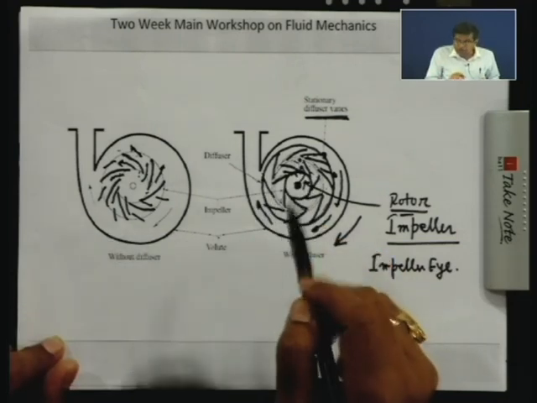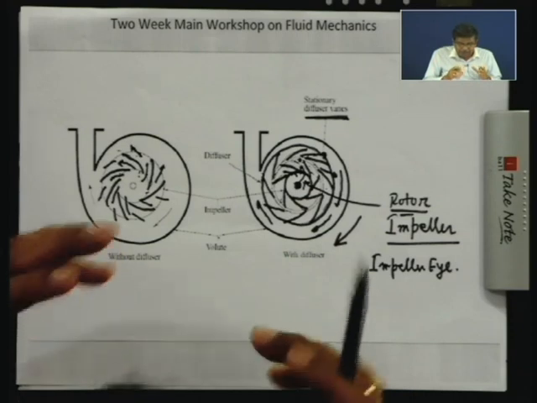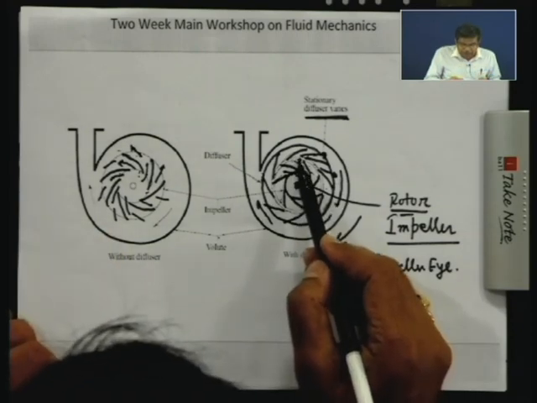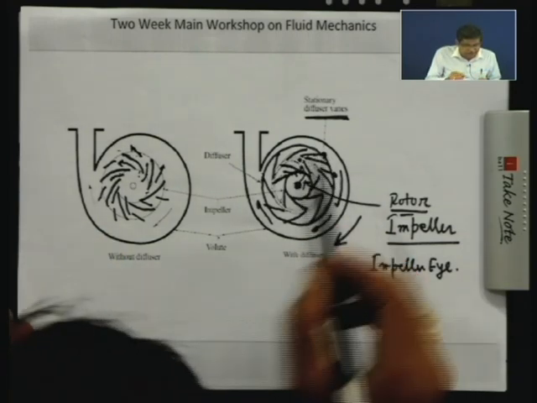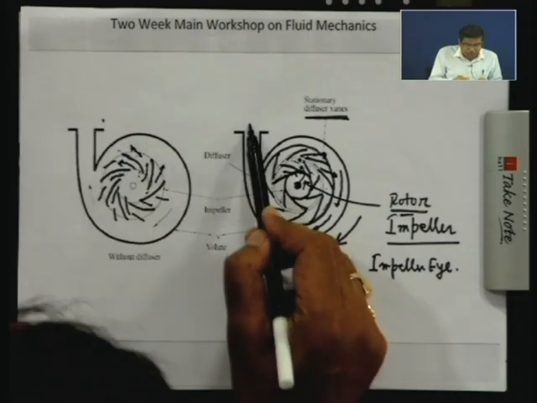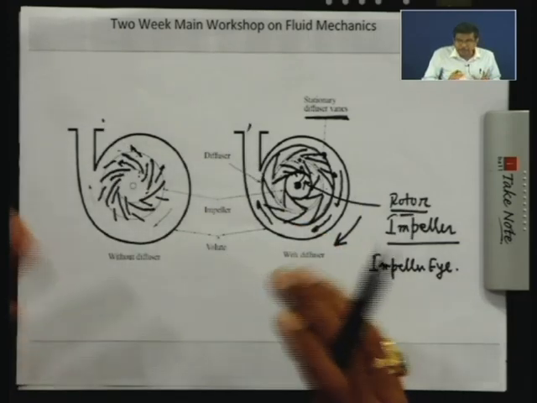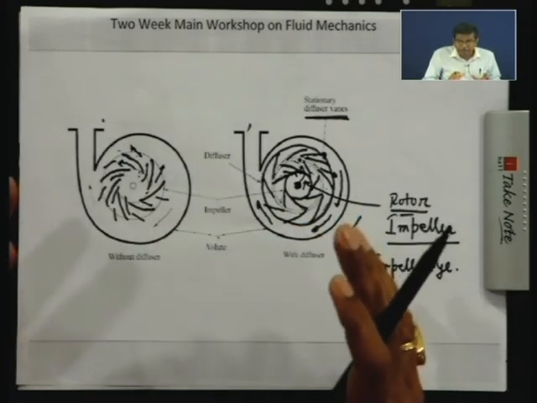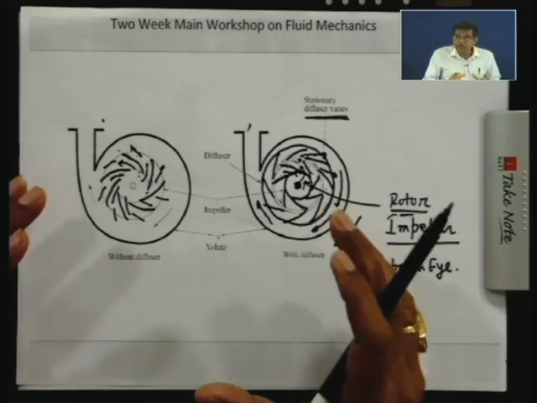what do we require? We require to convert part of the kinetic energy into pressure energy, because at the final outlet of the pump we require the water to come at a high pressure, but at a relatively low velocity, which will be required to maintain the flow, to deliver the water, but mostly it should be there in the form of static pressure.